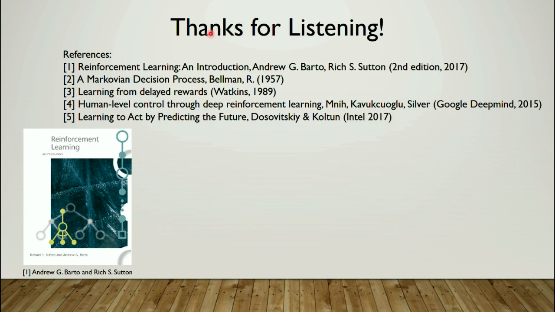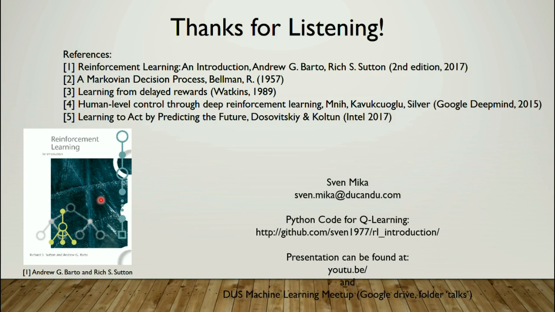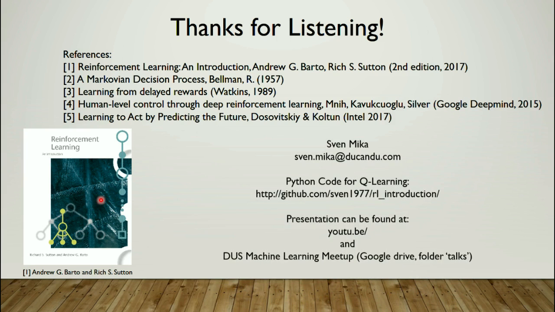So yes, thanks for listening. These are all the references that I used today, more or less. What's really great is this book here. If you want to go into reinforcement learning, I highly recommend reading this book. It's a very good one. It explains everything absolutely from scratch. You don't need to know much in advance in order to become almost an expert in reinforcement learning.